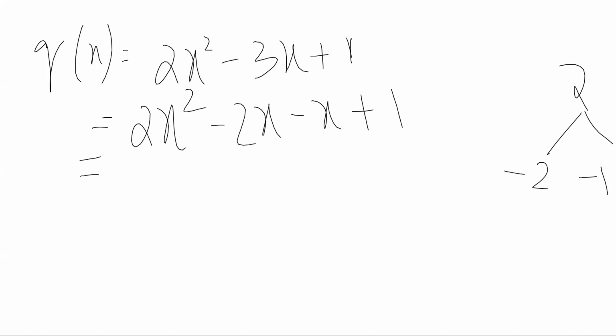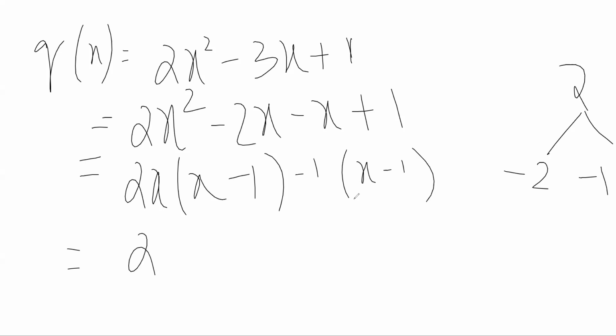This is equal to, take 2x common, 2x into x minus 1, not plus, here it will be minus 1 into x minus 1, because it is x minus 1 over here.